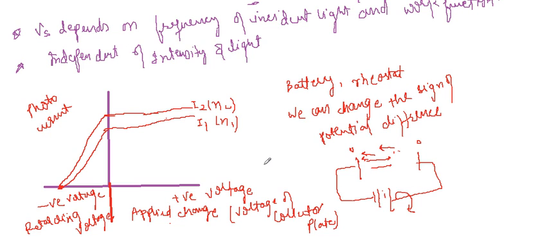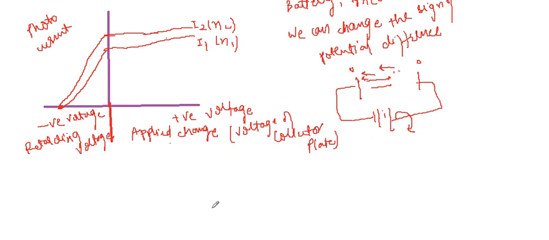Now how is the energy of a photon calculated? The energy of a photon is E equals hc by lambda, and 1 electron volt equals 1.6 into 10 to the power minus 19 joule.